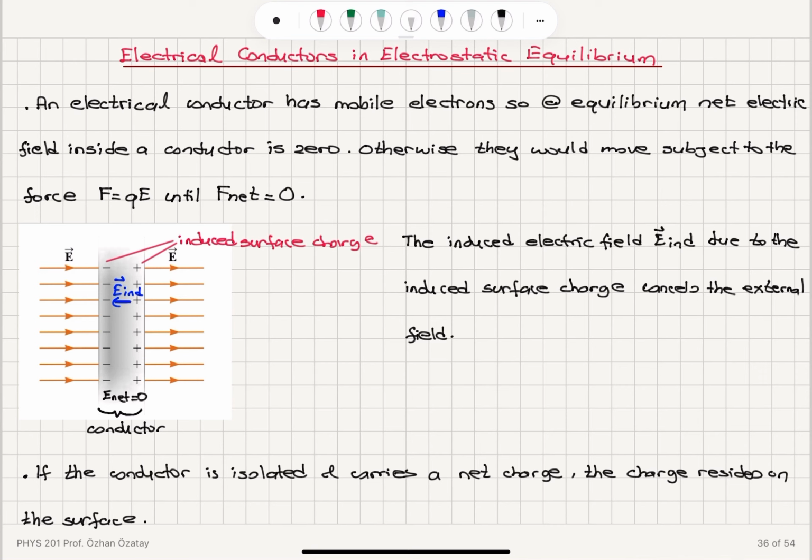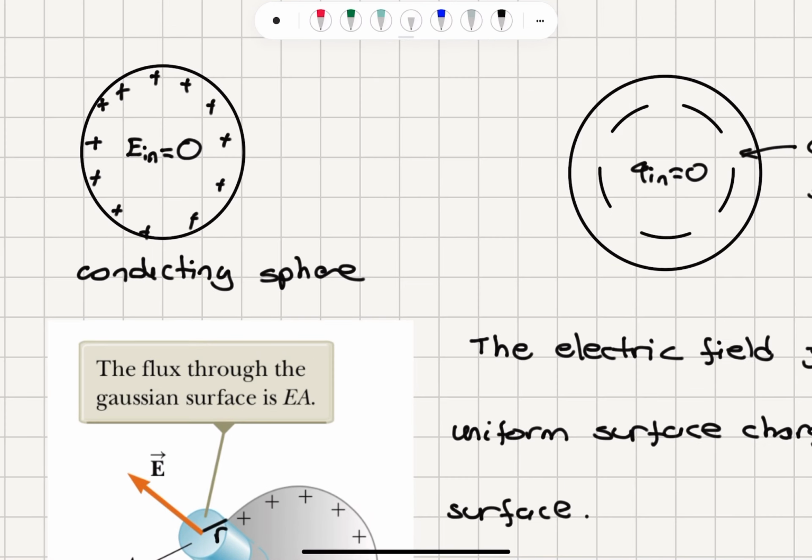Now, if the conductor is isolated and carries a net charge, the charge resides on the surface. Remember, when we talked about the electrification process, we said that it was possible to induce charges on a conductor, and then we can connect it to the ground, get rid of some of the electrons, and cut the ground connection, and we would have a charged conductor.